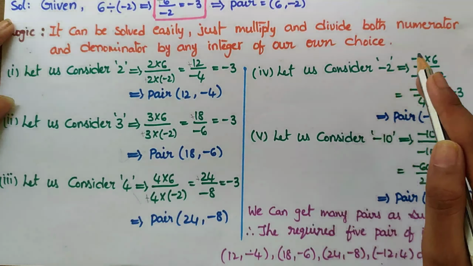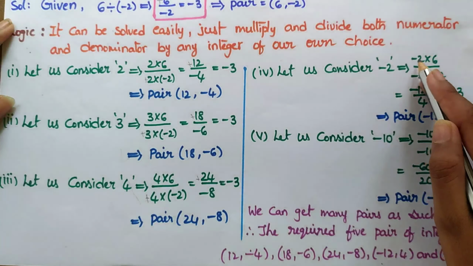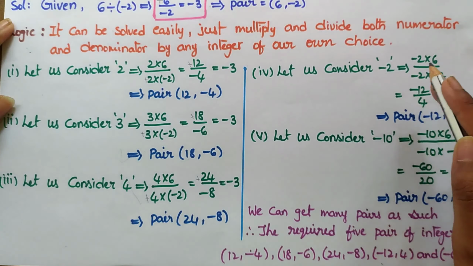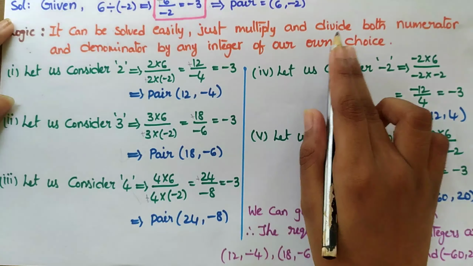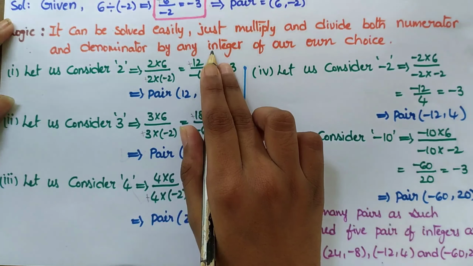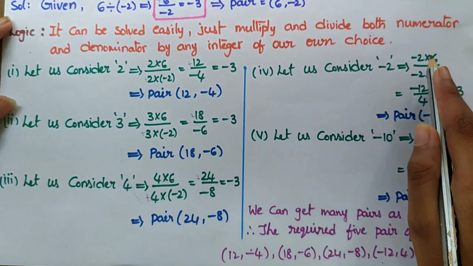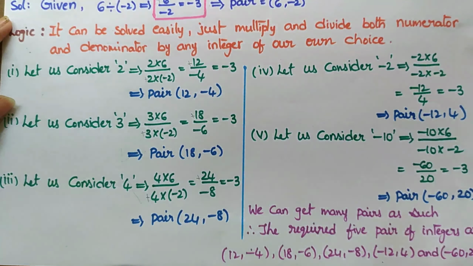Now let us consider minus 2. Minus 2 is minus 2 into 6 by minus 2 into minus 2, because we have to multiply and divide both numerator and denominator by any integer that we take. So it is minus 2 into 6 by minus 2 into minus 2.